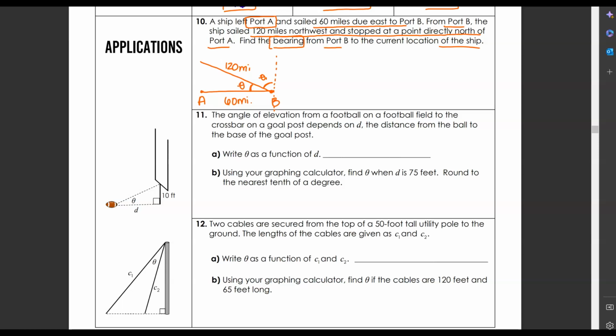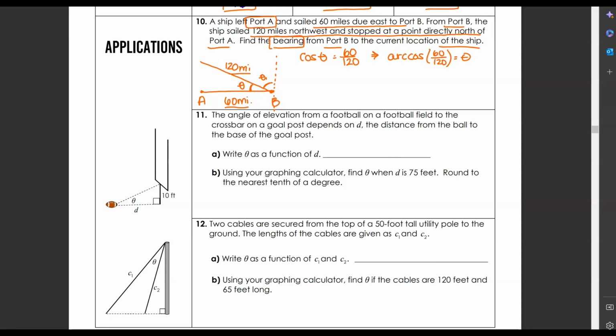And so that angle, looking at this, is going to be, because I have my adjacent and my hypotenuse, I know that cosine of theta is going to equal 60 over 120, which tells me that arc cosine of 60 over 120 is equal to my theta.